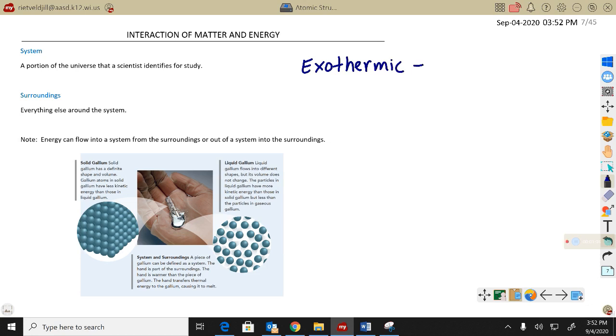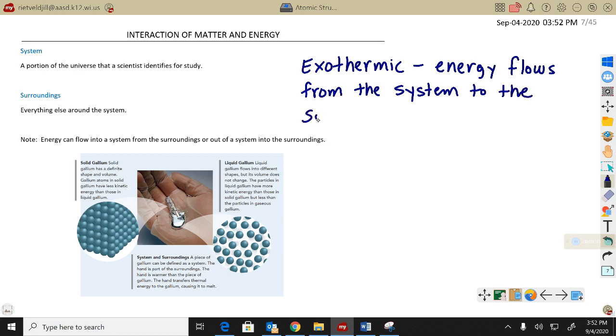That's where energy flows from the system to the surroundings.